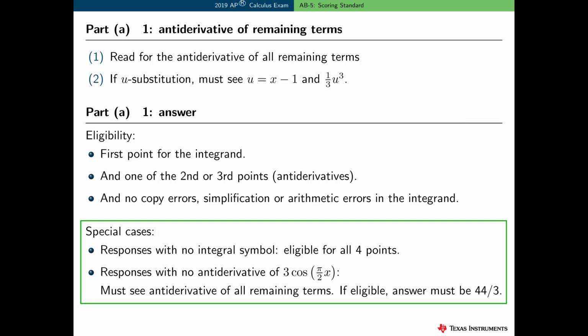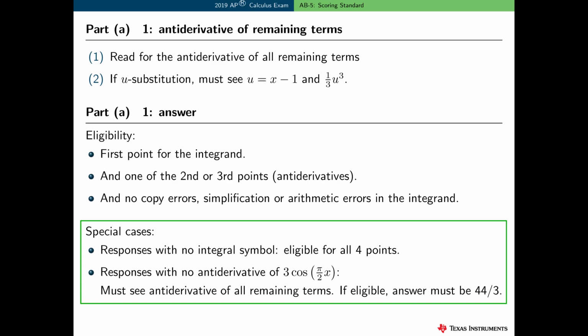There were two special cases in Part A, and the first one involved responses in which no integral symbol appeared. It was possible for the student to convey the integrand, the antiderivative, and the evaluation without actually writing an integral symbol. Now, I don't recommend this notation light approach, but in this case, the student was eligible for all 4 points.